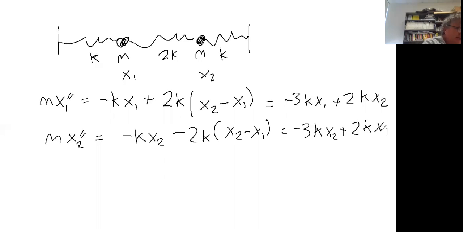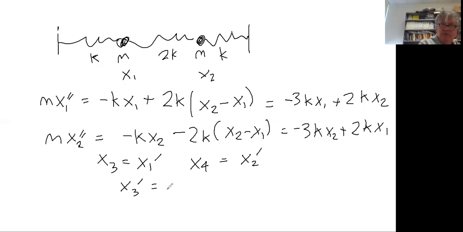And so that tells us that this is a four-dimensional system, right? So we're going to let x1 equal x1, x2 equal x2, x3 is going to be x1 prime, x4 is going to be x2 prime, and then the other two equations are going to be x3 prime is going to be what we get from that first equation there.